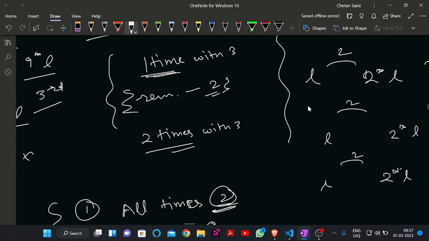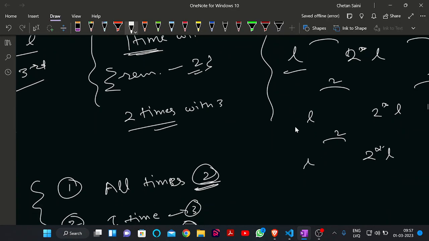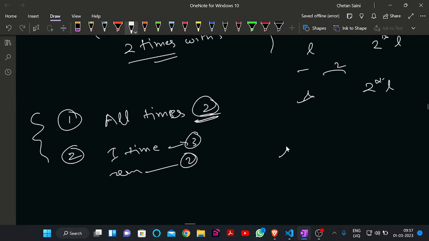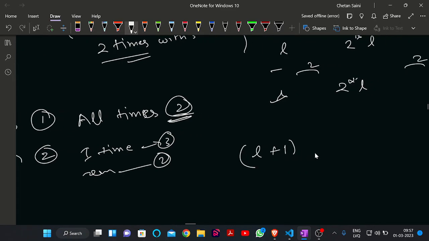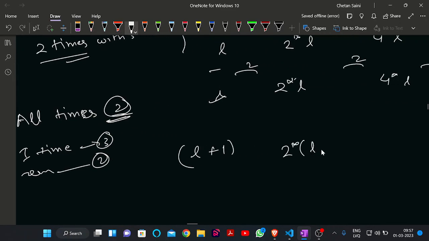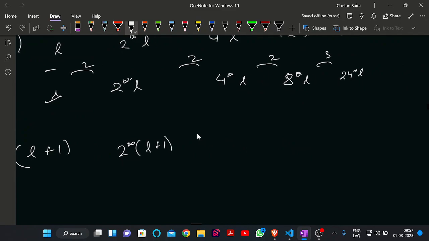There can be only two conditions. This is only if we are starting from L. If we are starting from L plus 1, then this is 2 into L plus 1, then this is 4 into L plus 1, and so on till we can get our answer.